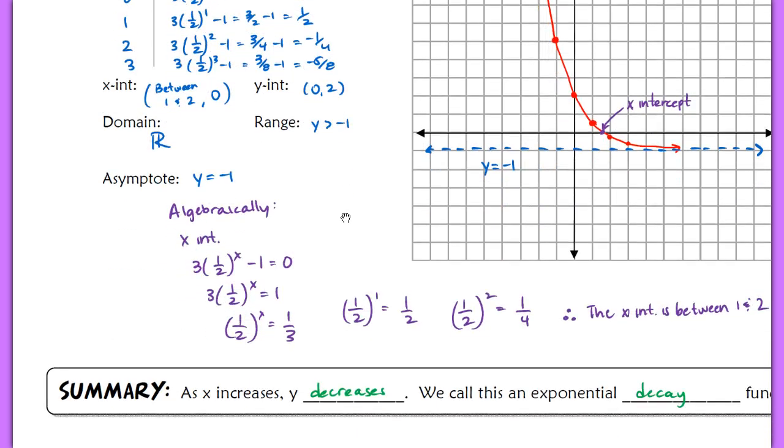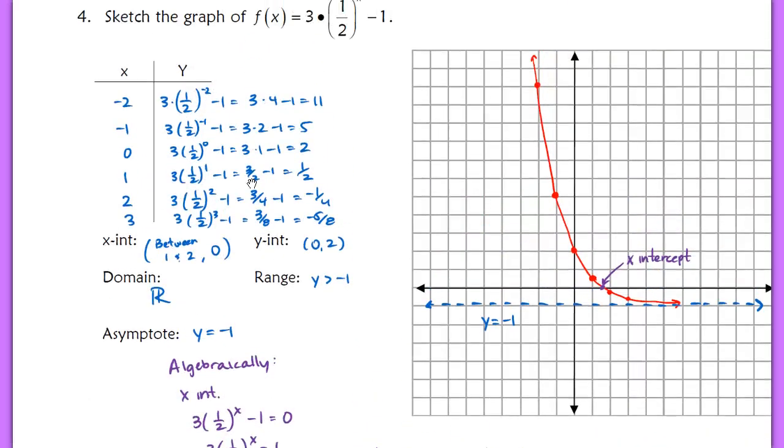What we call this is an exponential decay function. An exponential decay function is the other type of exponential graph that we're going to look at as well. So that function looks slightly different. Here it decreases very rapidly and then bottoms out and gets really close to that asymptote, that horizontal asymptote.